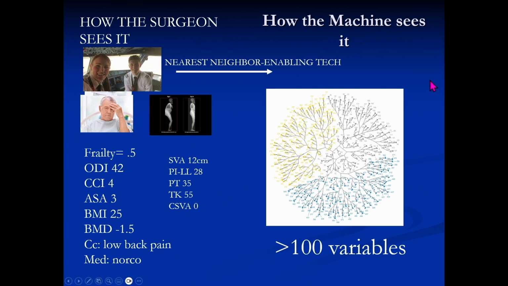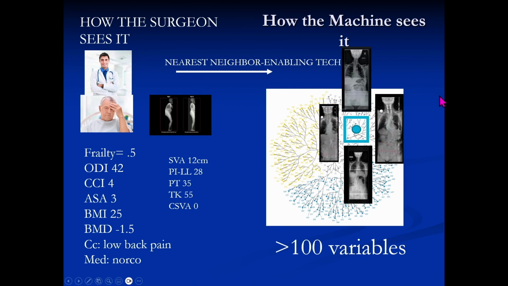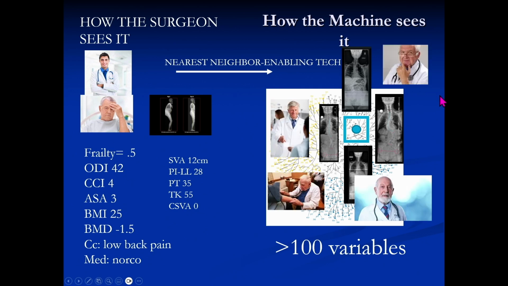Well, what the machine can do is immediately assess the patient in the context of every other patient in the database. So this is a graphical representation of every patient in the North American and European registry, and it can say, okay, this is the patient in front of you in the clinic in real time. These are the patients most similar to that patient that you've treated or other surgeons have treated around the world, and these are the outcomes of these patients.